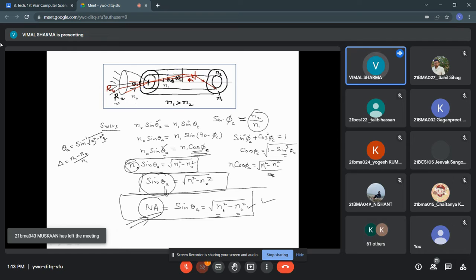In my numerical aperture, I have the n1 square minus n2 square term, which I can write using the formula that a square minus b square is the difference of a and b times the sum of a and b. So I can write it as n1 minus n2 times n1 plus n2.